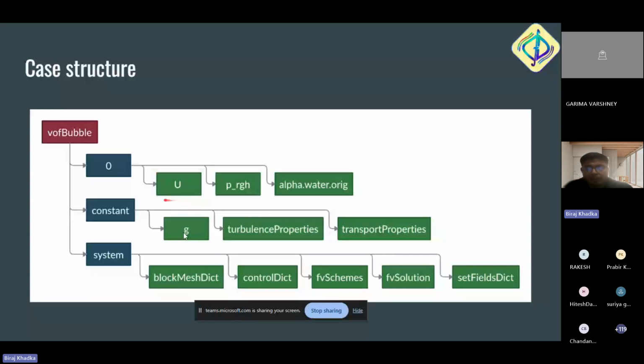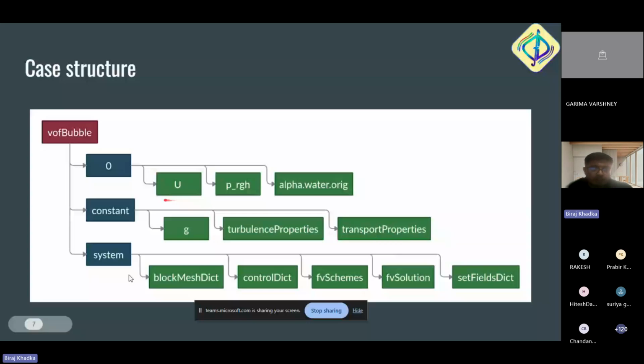Depending on the type of flow, be it laminar or turbulent, we also have to mention it inside the turbulenceProperties. In transportProperties, we need to mention the density, surface tension, and viscosity of the fluids.